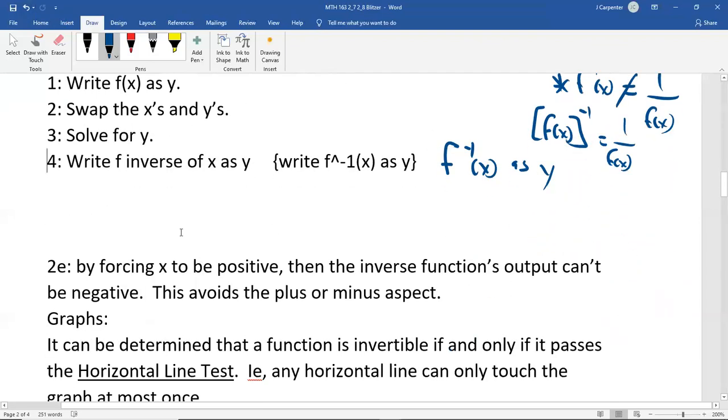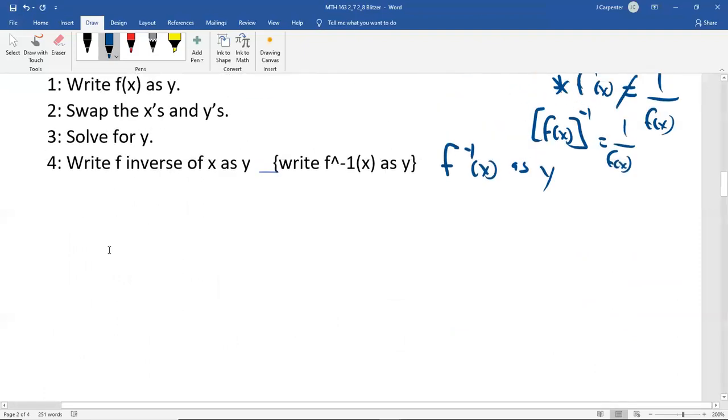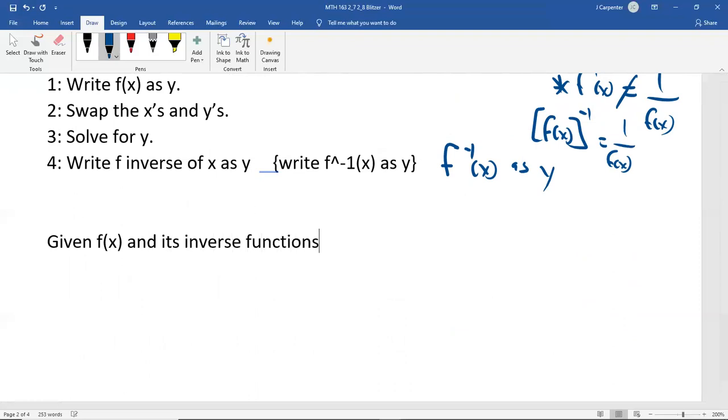So the last thing I want to say, that's for much, much later, is that if you're given f of x, and its inverse function exists, the inverse of f of x is, again, this is just kind of rewriting what I said already, f -1 of x.